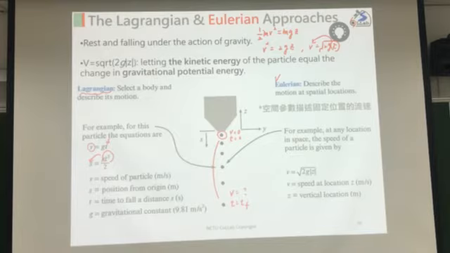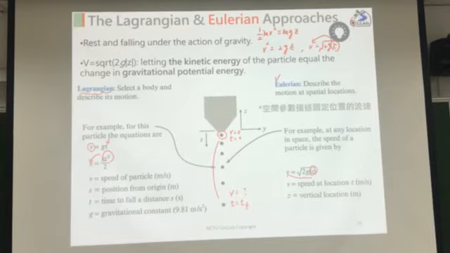So the difference is that Eulerian looks at the velocity field as a function of the positions, but for the Lagrange, we need to have the velocity functions, and then we need to have the t functions, and then we can predict the particle motion and the velocity field of the particle.